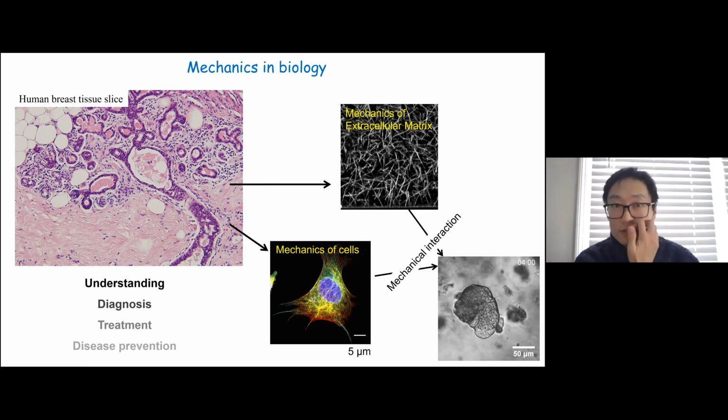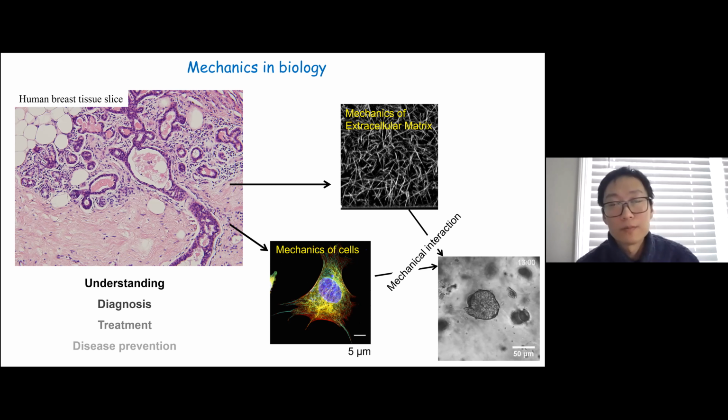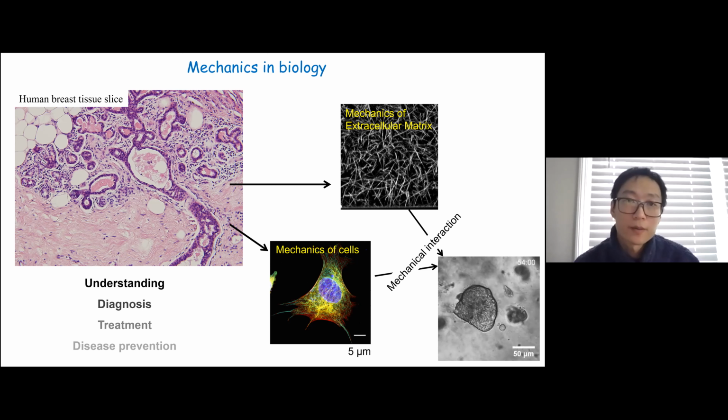But in contrast to thinking a lot more on the biochemistry side, what we have been very interested in is to think about cells as a physical fundamental building block of life. For example, when you use different materials to construct a house, you want certain parts to have certain particular physical properties.